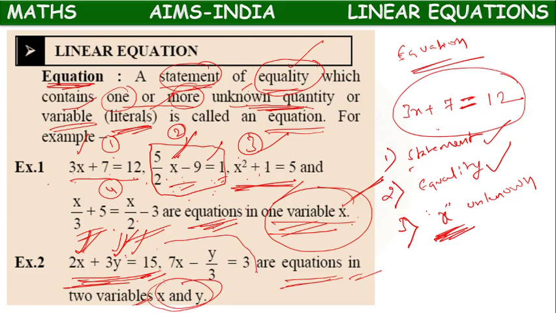This second example also: 7x - y/3 = 3 is an equation in 2 variables x and y. Like this we can define an equation and take different examples.